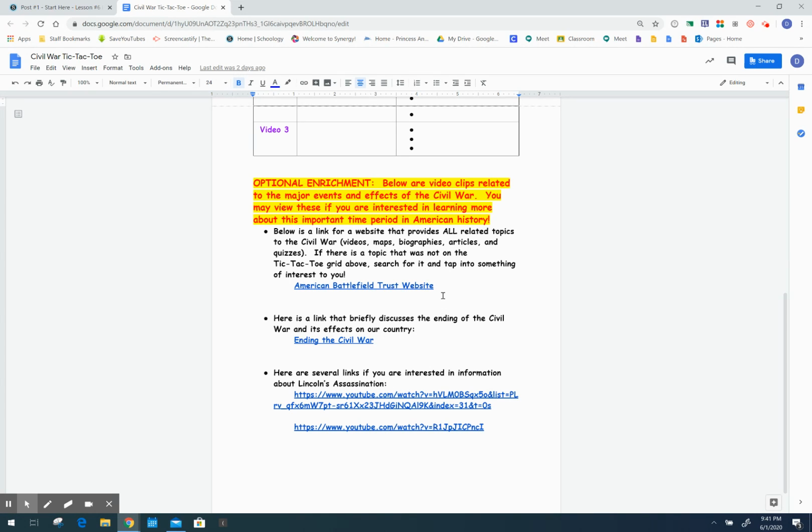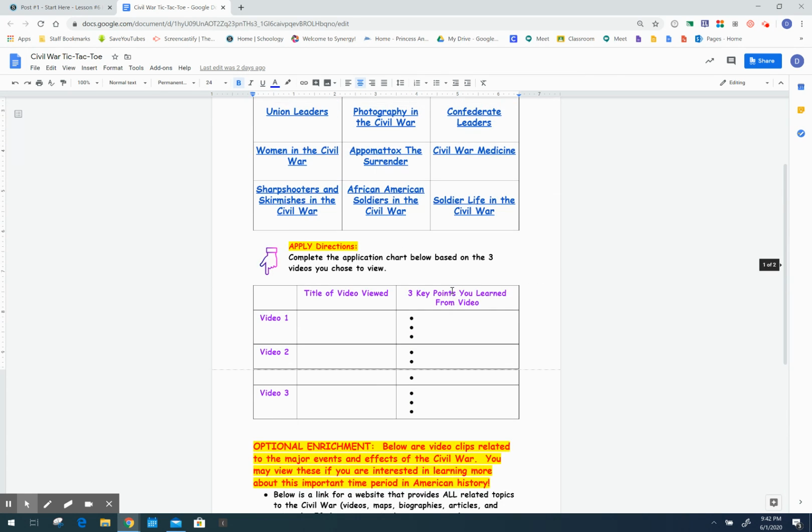And then I also included the website where I got most of those videos on your tic tac toe grid. And it does allow you more investigation of the Civil War itself, but also it delves into the American Revolutionary War and the War of 1812. So that's really it for this lesson.